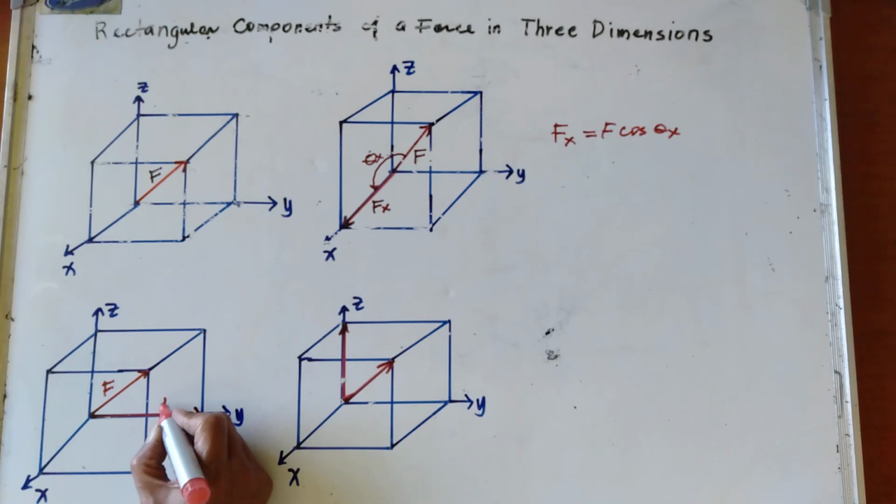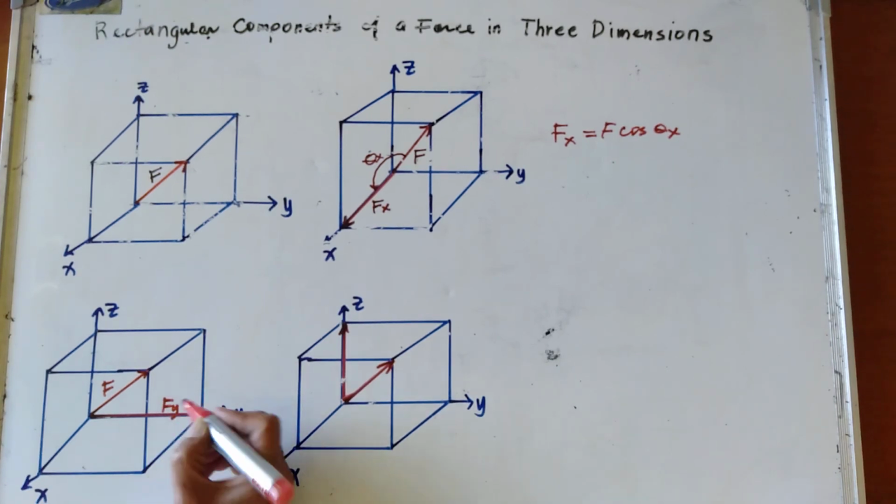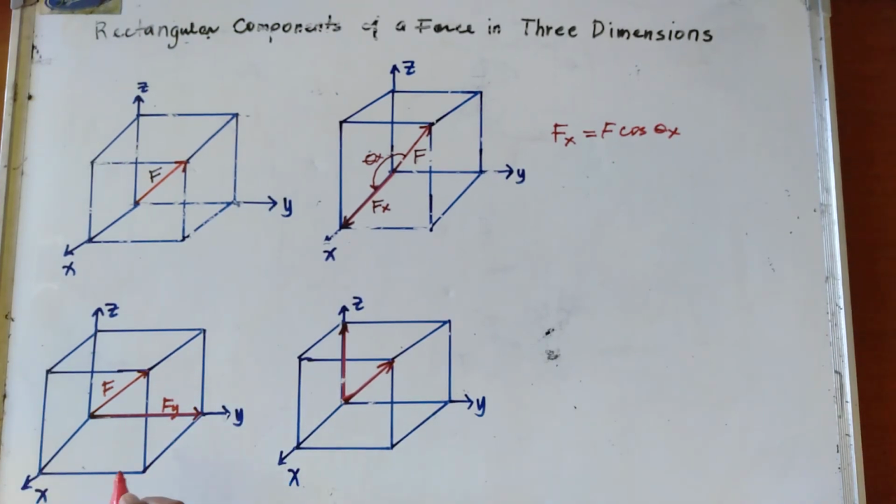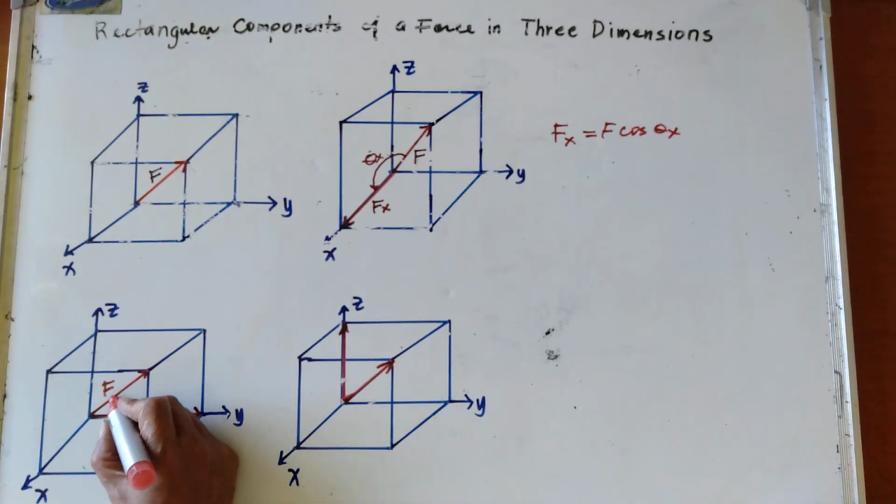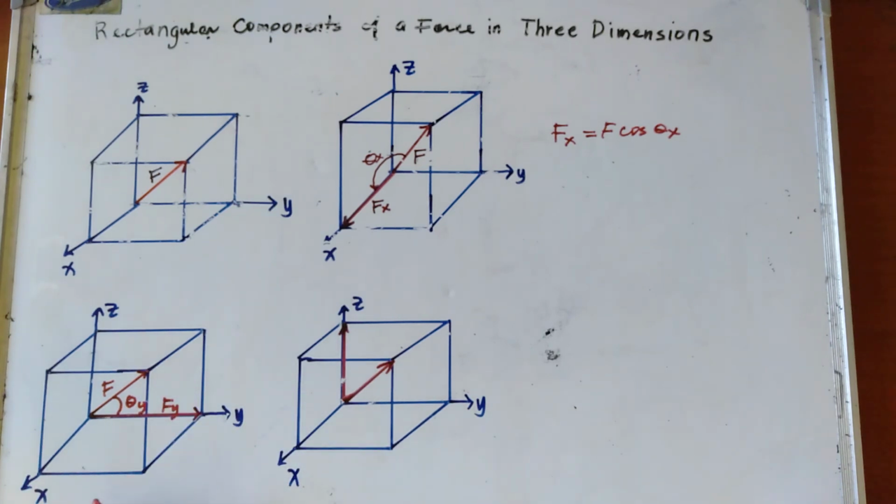Similarly, this is the component of the force in the y-axis, and the vector F makes an angle of theta y with the y-axis, then the component of the vector in the y direction is equal to F cosine of theta y.